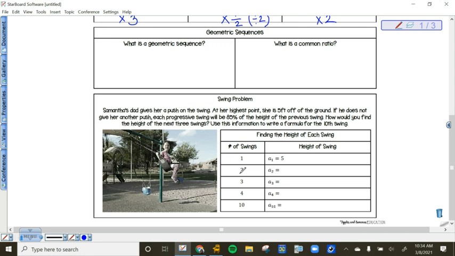And then the next one will be 85% of 5 feet. How do we write 85% as a decimal? 0.85. And what does of always mean in a word problem? Yeah, multiply. We're going to do 0.85 times 5, or 5 times 0.85.